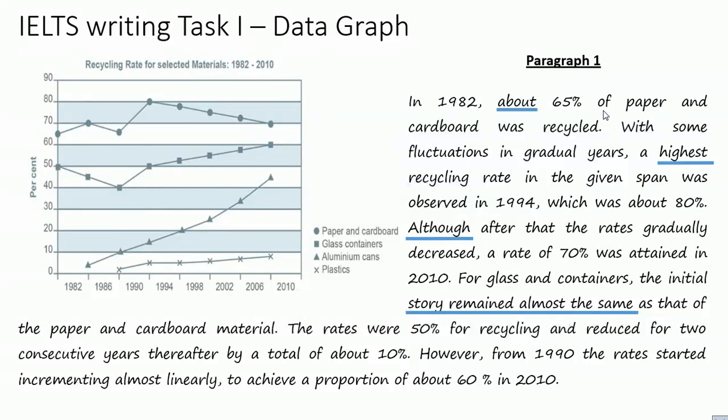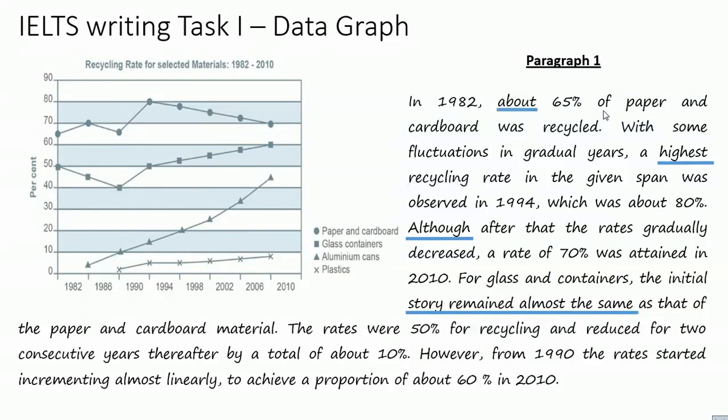I have related my information of glass and containers to the information of paper and cardboard, as there were some fluctuations observed in paper and cardboard too. The same have been observed, or almost the same have been observed in the glass and containers part. That saved a lot of words for me, and also this is a good play of words.